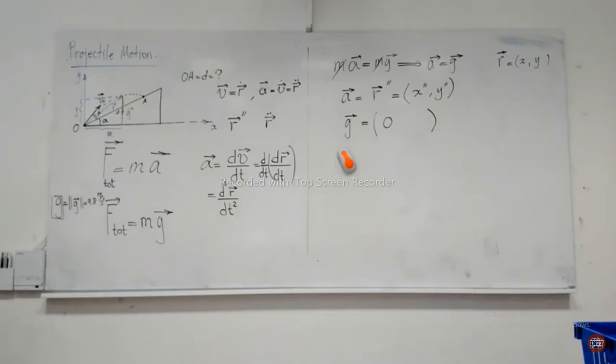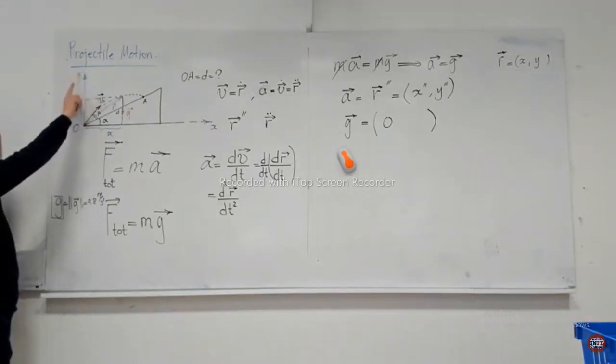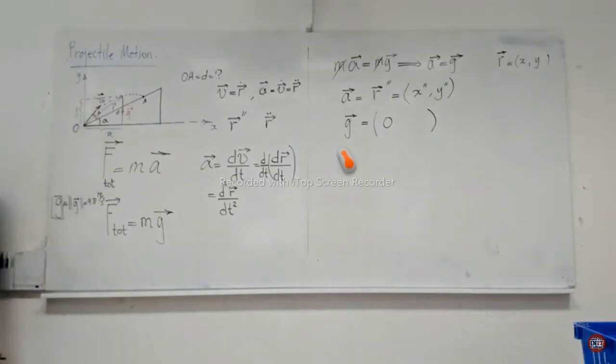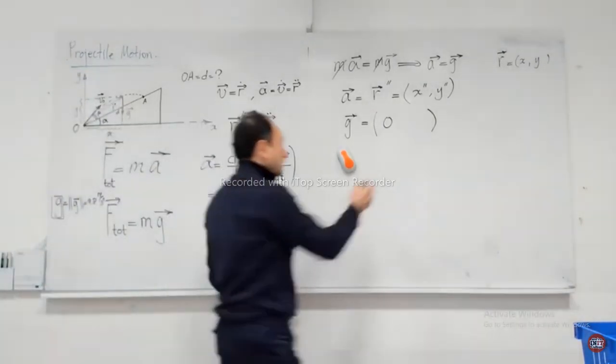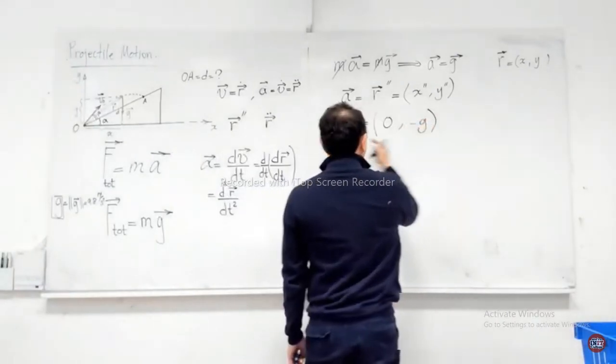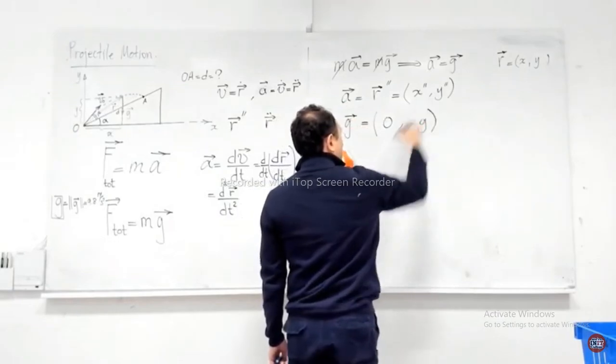Forget about 9.8, I want to put G, but not G, because I have put the coordinate system pointing upwards. So that should be minus G. I could have chosen the y direction the other way, then I had to write positive G, yes? So here I have to write negative G. So don't get confused. This is my vector. This is a number, yes?